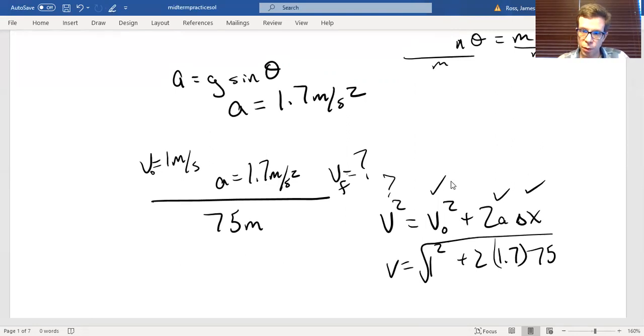And you get 16 meters per second when you square root it.